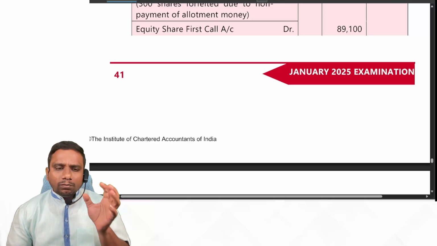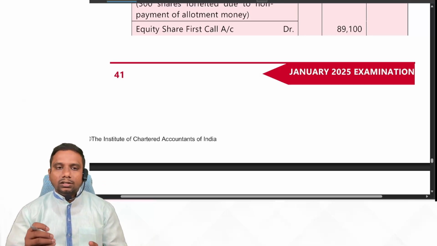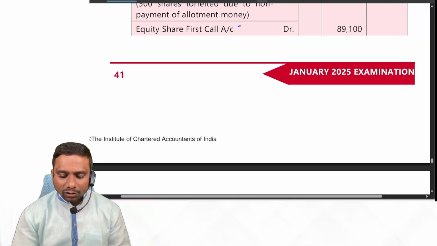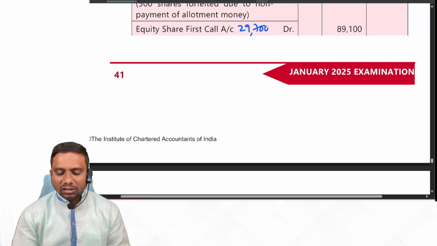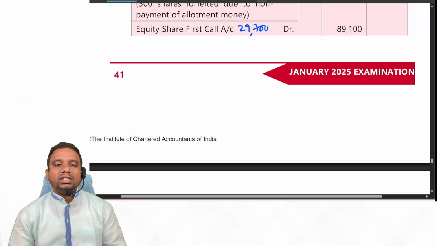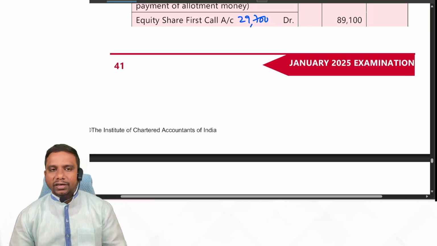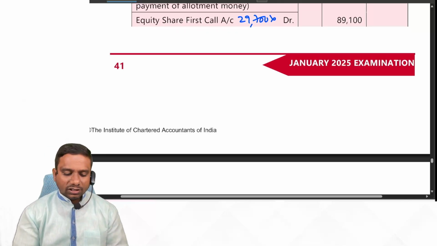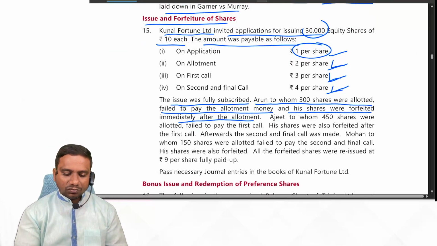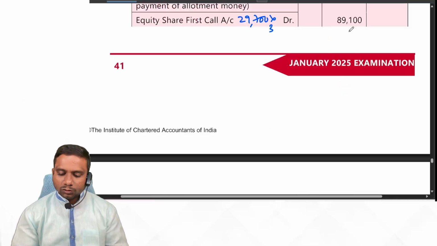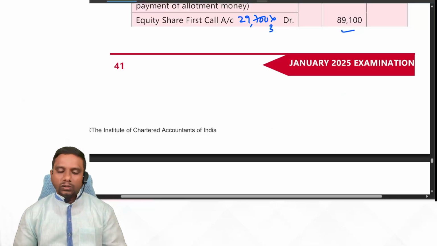Now from now onwards, we have the entries for 29,700 shares. Why? Because 300 shares are forfeited. Now equity share first call account debit 29,700 shares into what is the amount? 3. So we get 89,100.